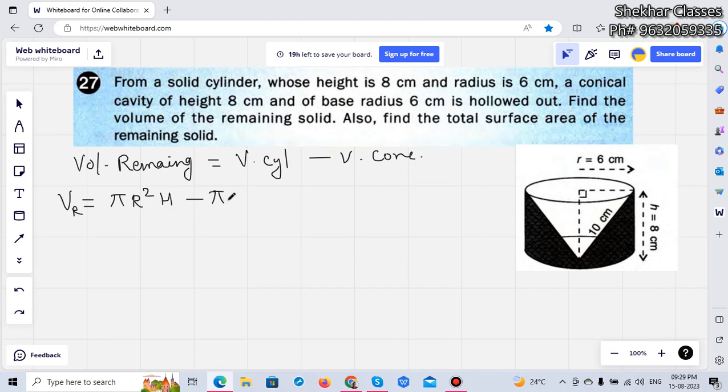So we can say pi, same R square, but height is different. So I'll put H here. You have to be careful about noting down the heights. The height of the cylinder is 8 centimeters. Height of the hollowed out cone is 8.